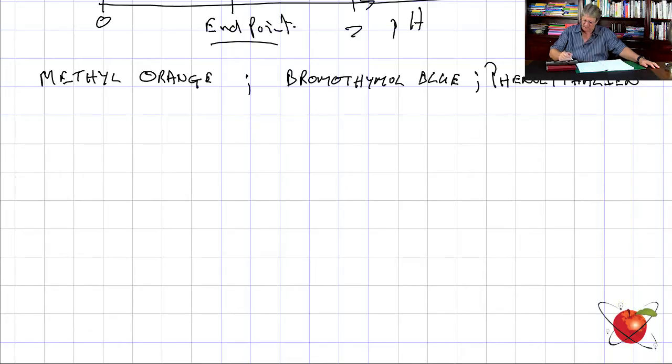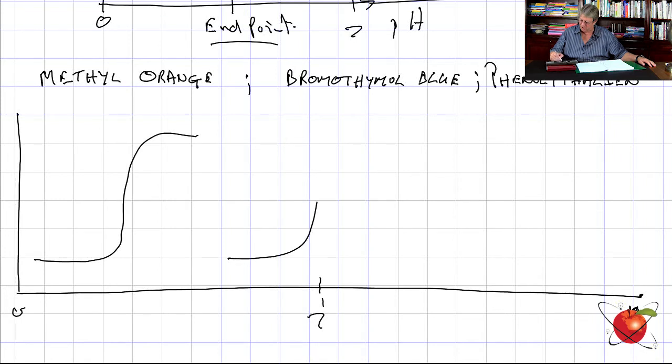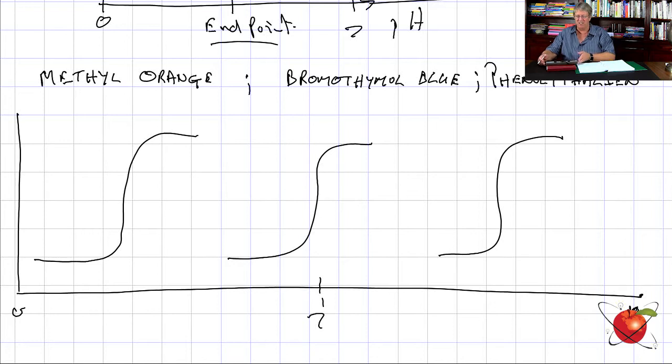What we're saying is, those indicators, the methyl orange, you don't need to know the numbers. I'm just going to draw a pH scale, 14 there, let's say, and 0 here, and let's call that 7. I'm going to just basically summarize the whole chapter into this graph. I'm going to say that this is red to yellow.